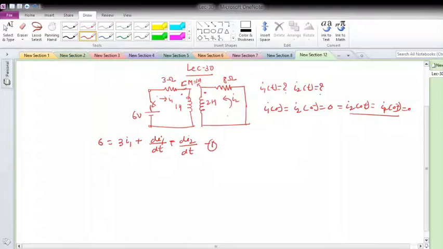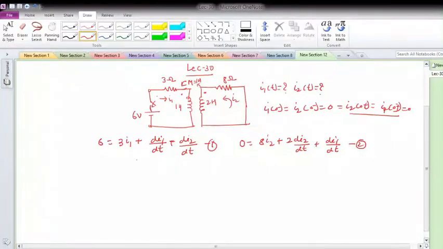This is equation number 1. For coil 2, I can write 0 equals R2 I2, which is 8 I2, plus L2 di2 by dt, which is 2 di2 by dt, plus the EMF due to mutual inductance, which is 1 into di1 by dt. Now I have two equations and I know how to solve them.